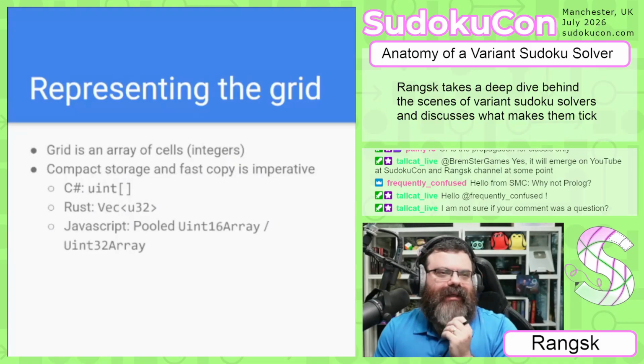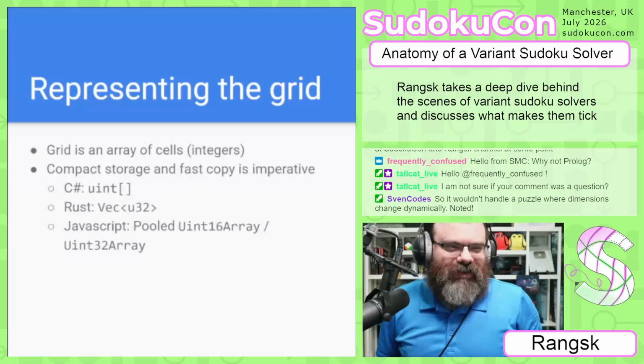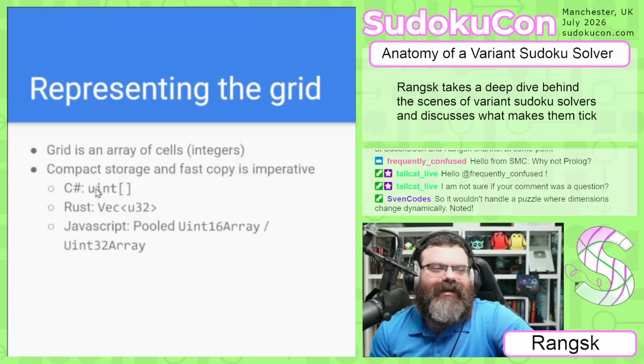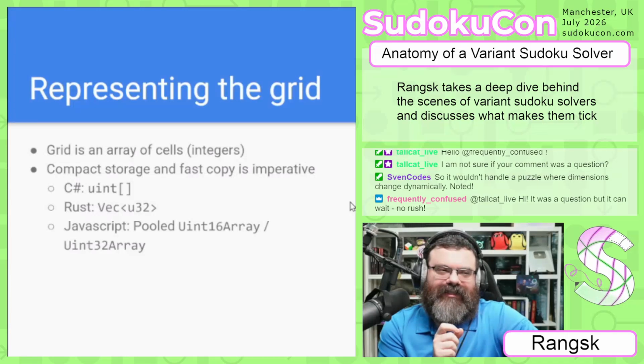So this is for the people actually trying to implement it. Feel free to ignore the next 30 seconds if you don't care about programming. This is the one little bit that I was talking about at the beginning where we're going to get a little technical. But it's important. It's extremely important that your grid representation is compact so that it fits in the cache easily.